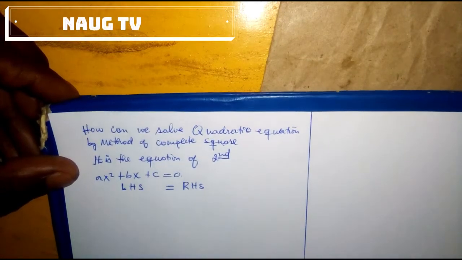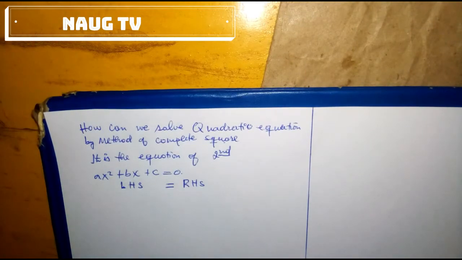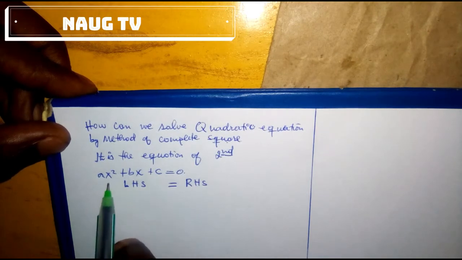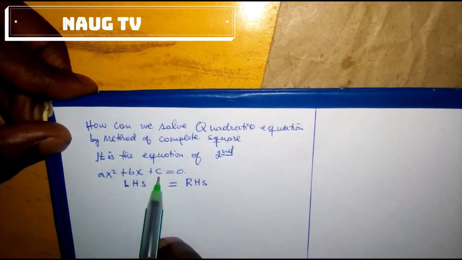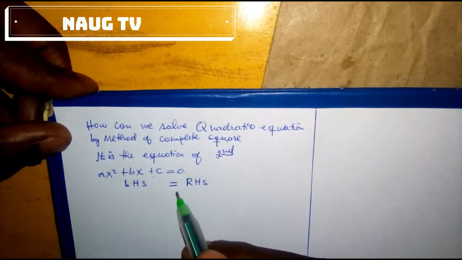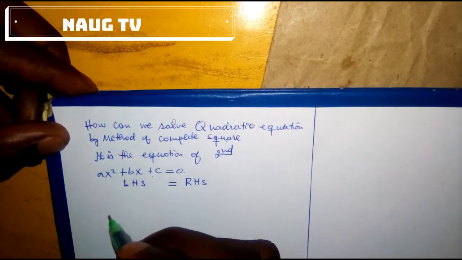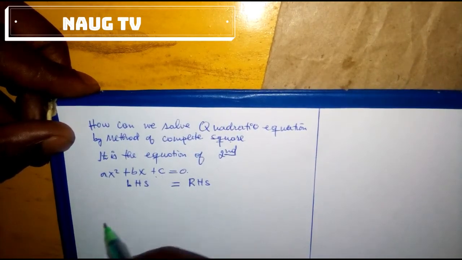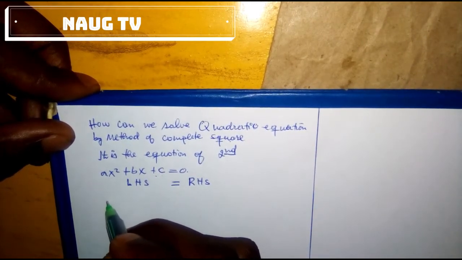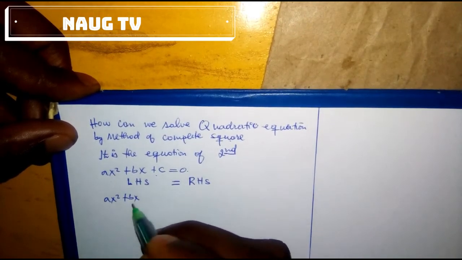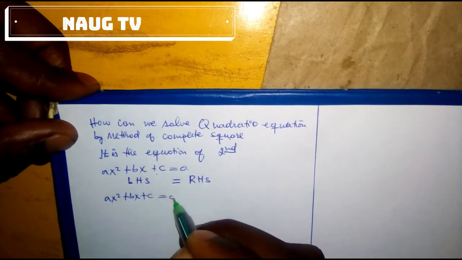Now at this point we are going to deal with the right hand side and if necessary left hand side. So first we have ax squared plus bx plus c equals to 0.